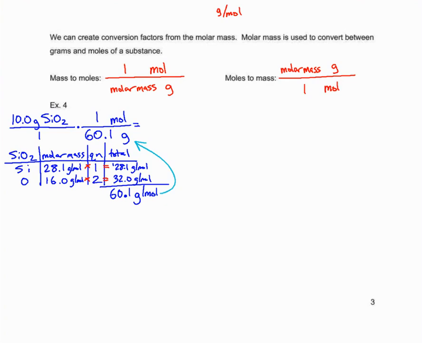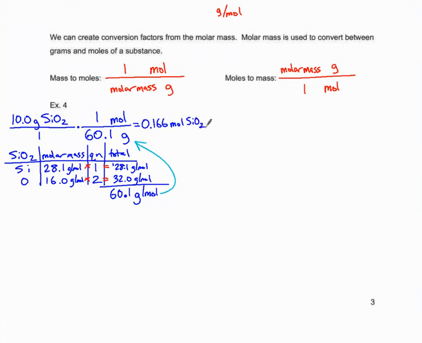Then we go to our calculator, we type in 10.0 divided by 60.1, and we find it is 0.166 moles. And we want to get in the habit of labeling the chemical that we're talking about.